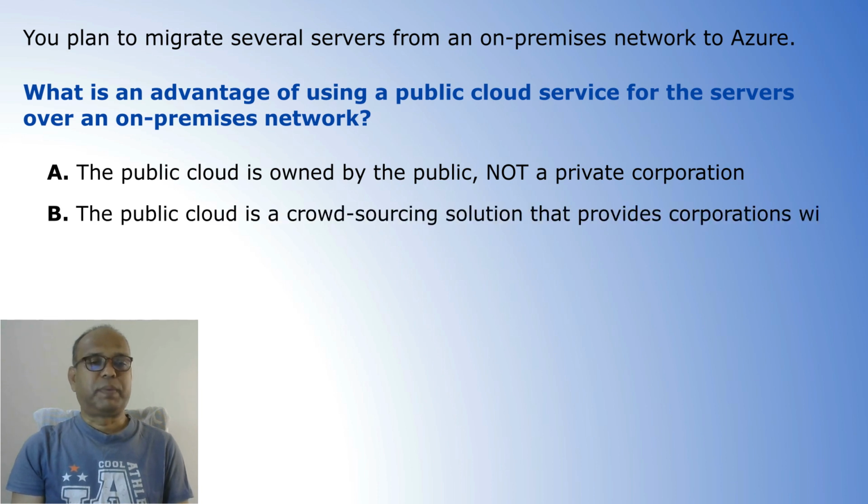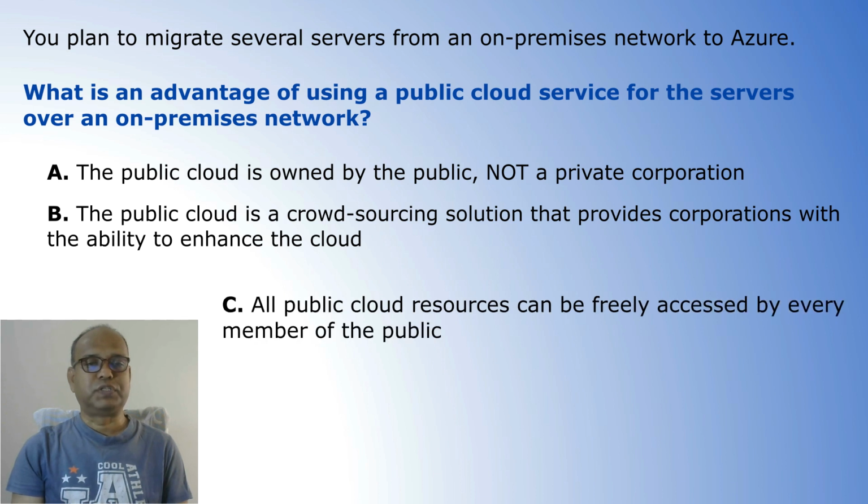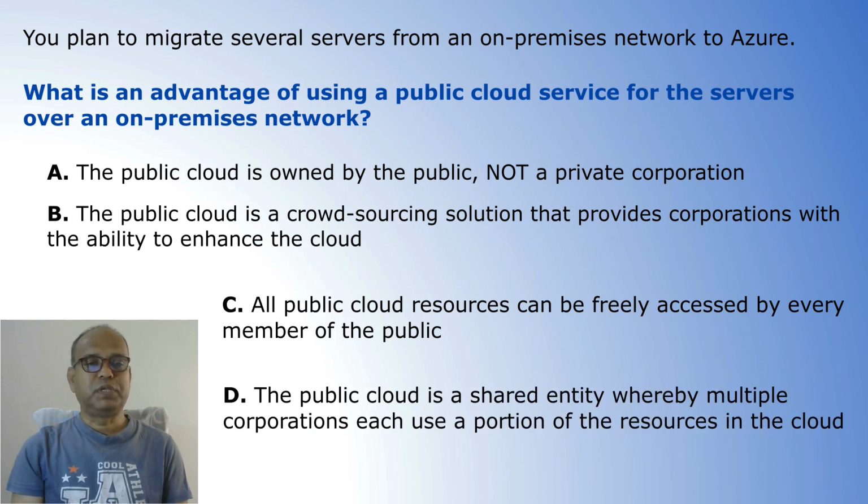Option B. The public cloud is a crowdsourcing solution that provides corporations with the ability to enhance the cloud. Option C. All public cloud resources can be freely accessed by every member of the public. Option D. The public cloud is a shared entity whereby multiple corporations each use a portion of the resources in the cloud.